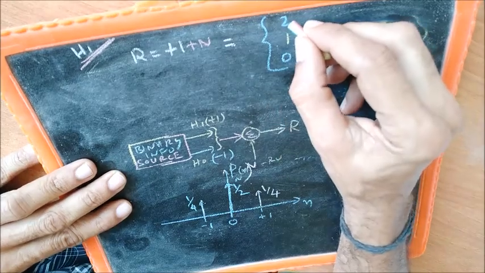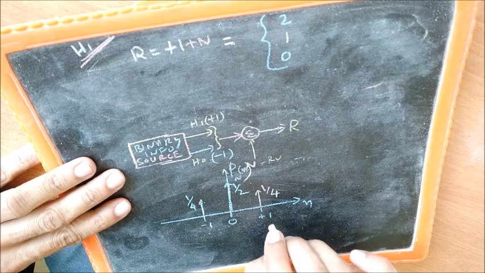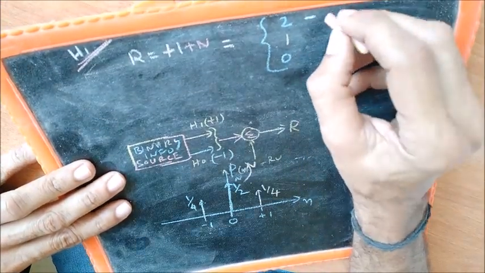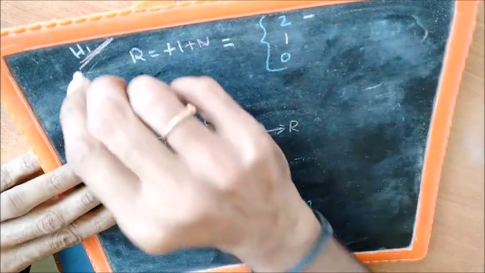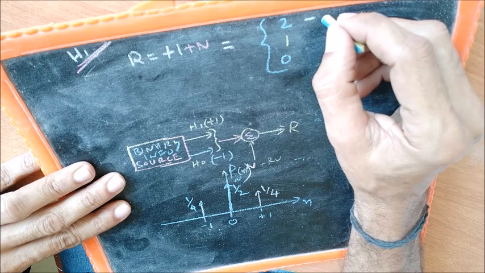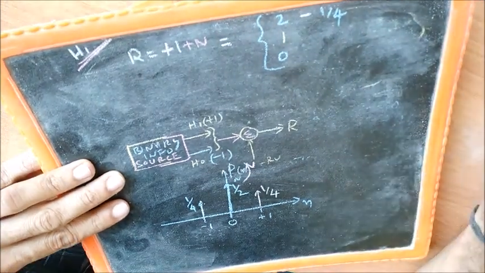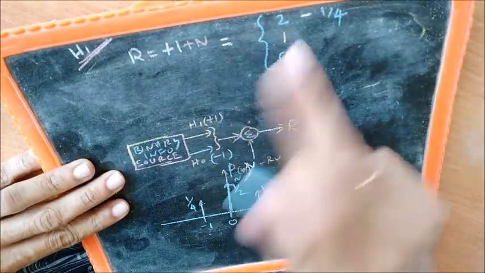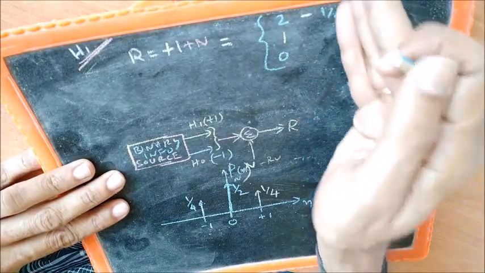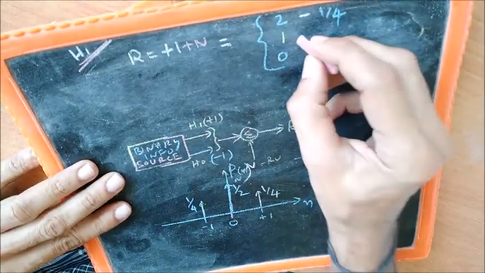R takes a value of 2 when N is equal to 1. So the probability of R taking a value of 2, given H1 is the true hypothesis, is 1/4. What I write in this column is the probability of R taking these values.